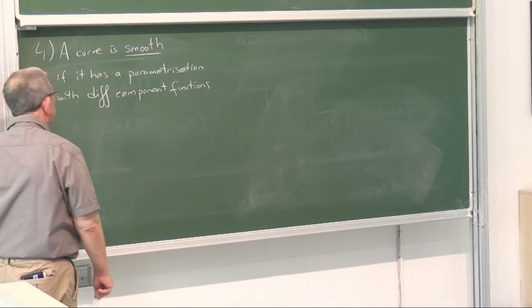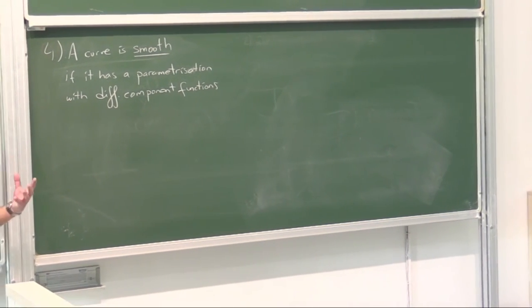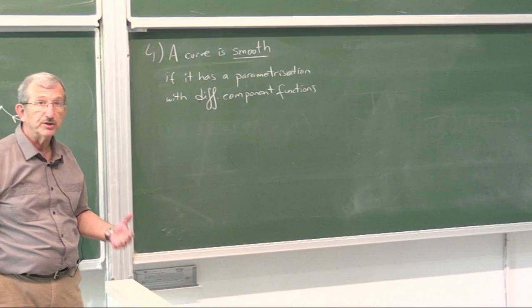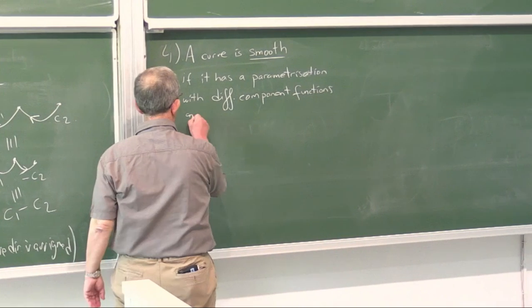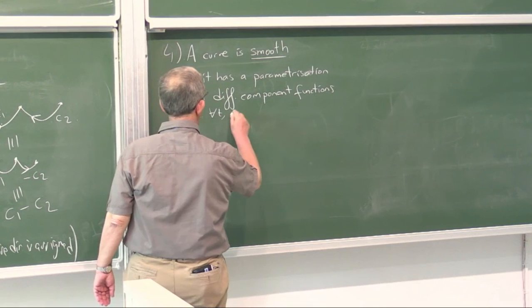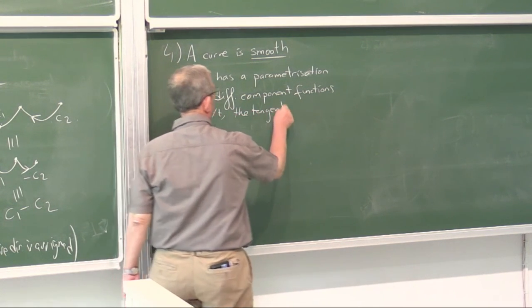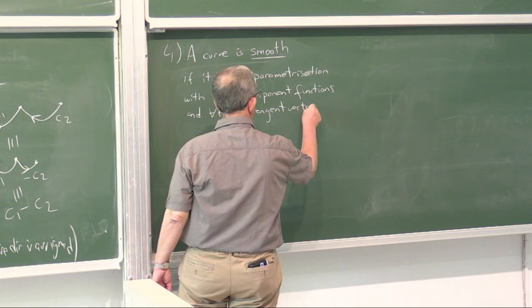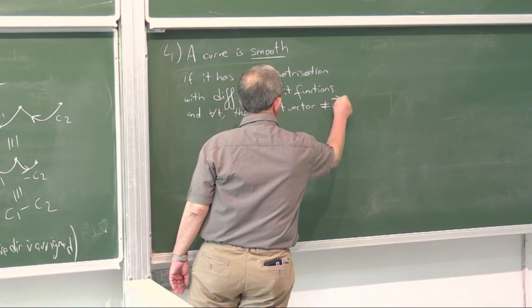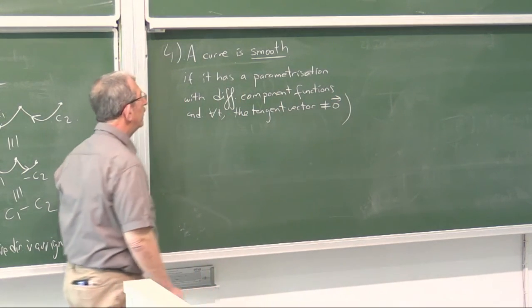Usually it's required that at no point the derivative will be 0. For all t, the tangent vector is different from the 0 vector. So this is a smooth curve.